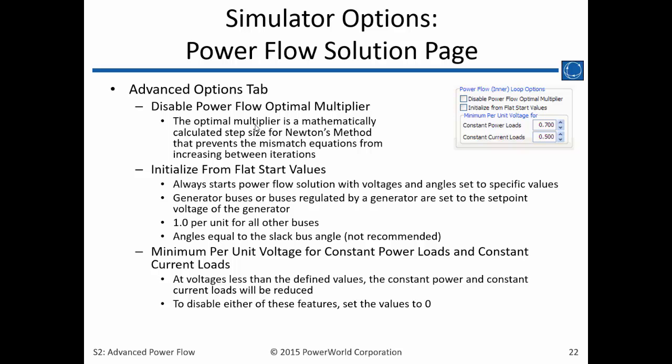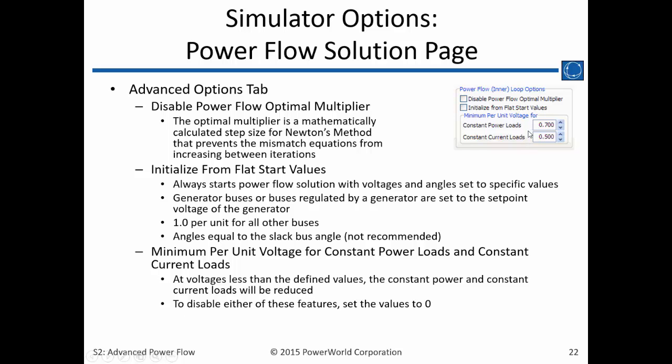There's also an option for the minimum per unit voltage for constant power loads and constant current loads that you can set. You can see that here. At voltages less than the defined values, the constant power and constant current loads will be reduced. To disable either of these features, you just set the value to 0.